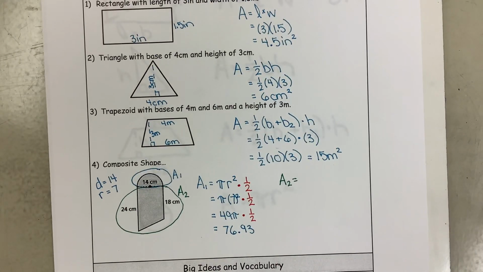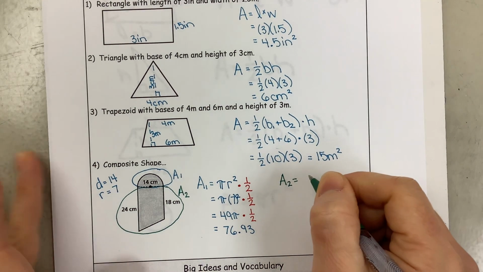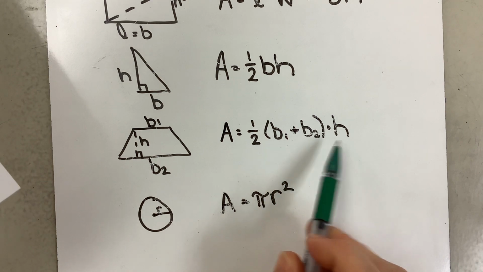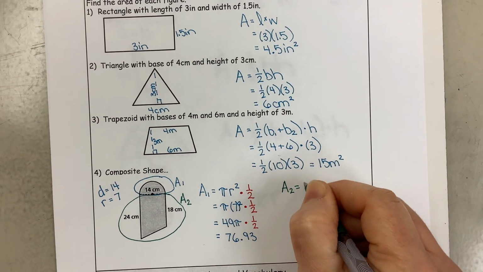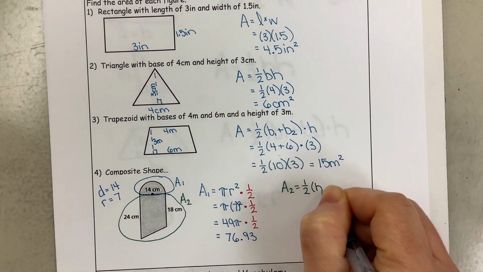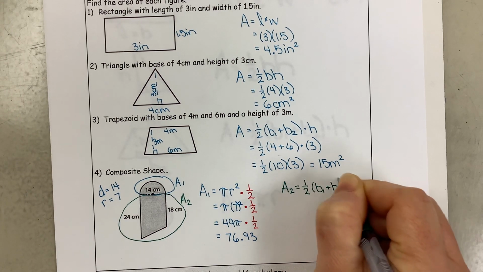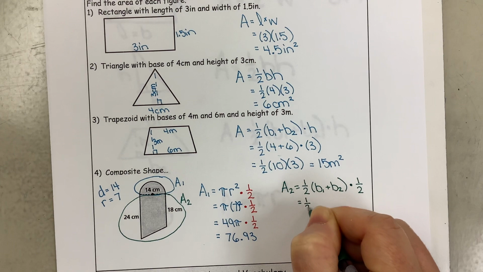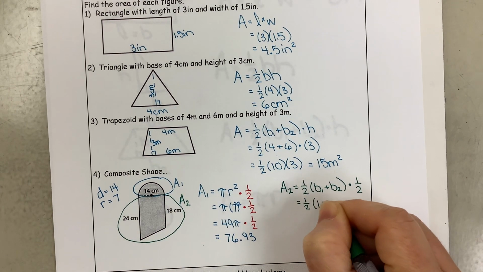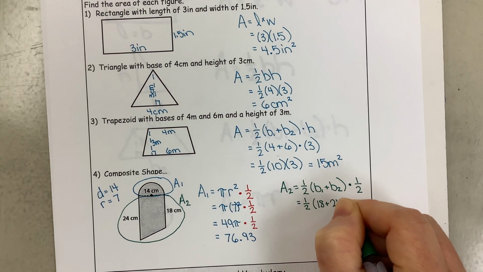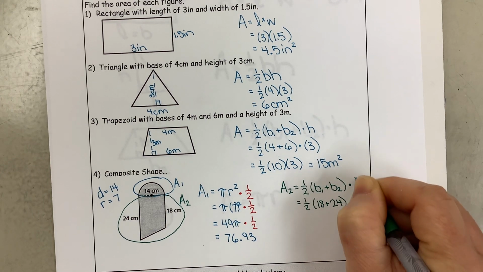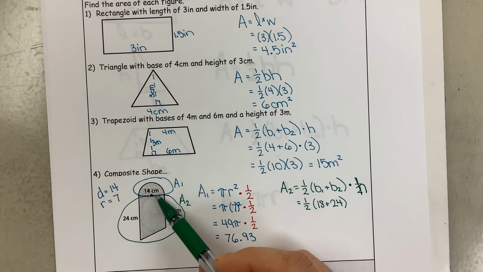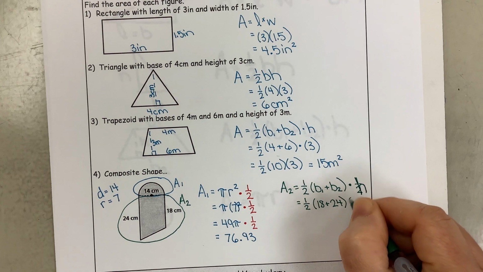So I am going to use the trapezoid formula, which is 1/2 the quantity base 1 plus base 2 times the height. So 1/2, I'm going to fill in 18 as a base and 24 as a base. Times the height. Now my height is this actually, because that's a 90 degree, so that's going to be 14 centimeters.